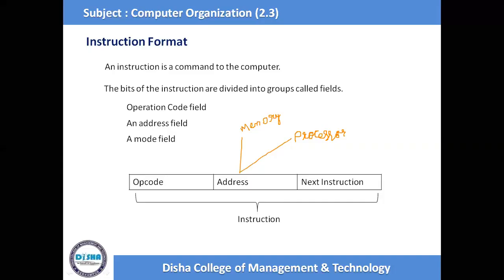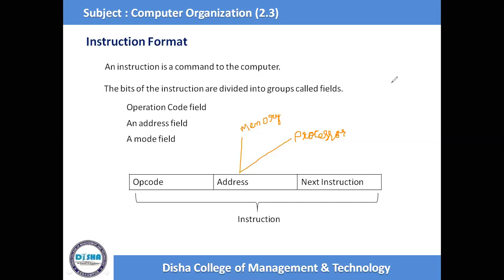As I said, the address can be divided into different categories: memory address and processor address. If the operand resides in the memory, then it will use the memory address. If the operand resides in the processor unit, then it can use the registers.